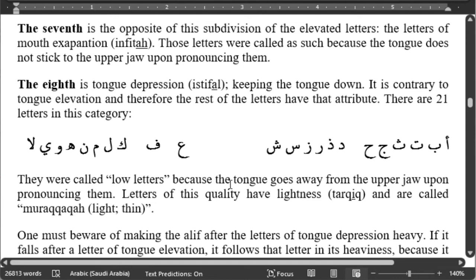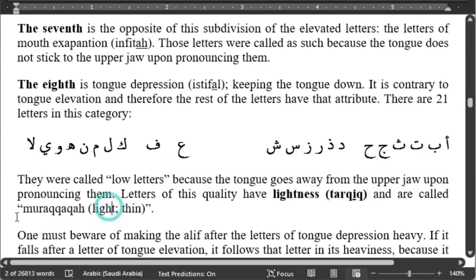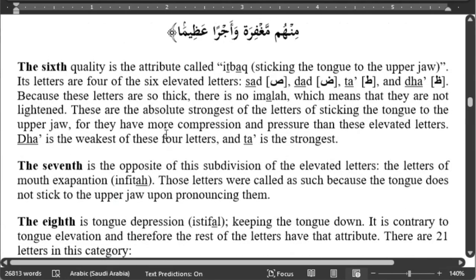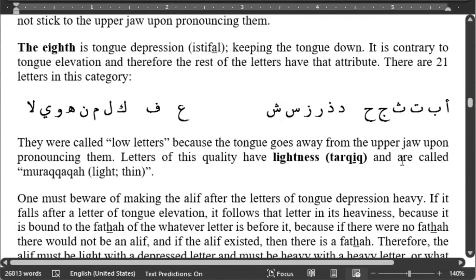They were called low letters because the tongue goes down, because the tongue goes away from the upper jaw upon pronouncing them. Letters of this quality have lightness, tarqiq, and they are called muraqqaqah. So you say ba, ta, tha, ja, ha, da, dha, except ra.